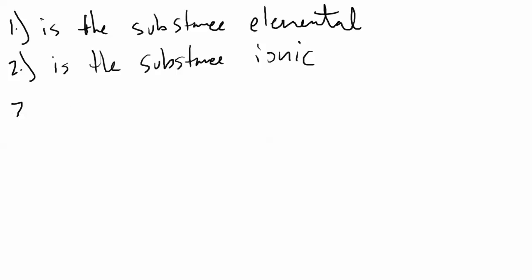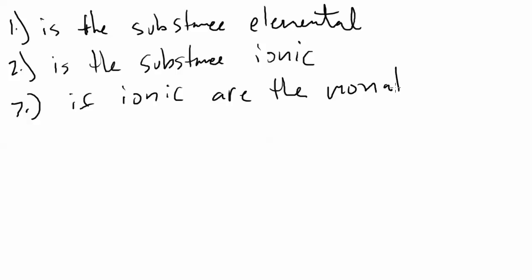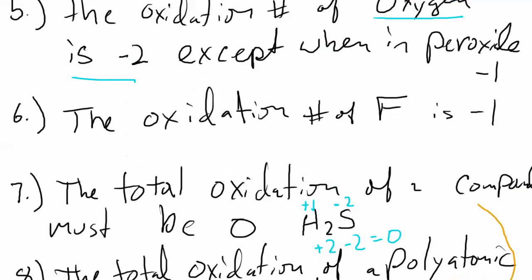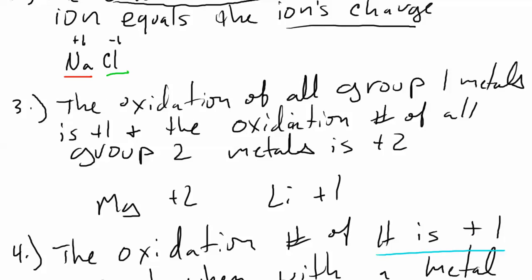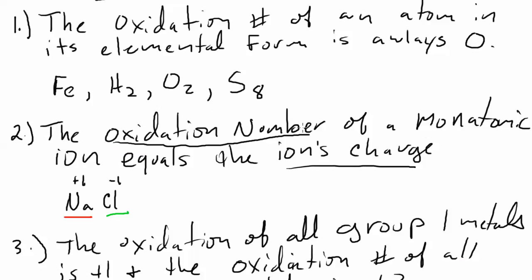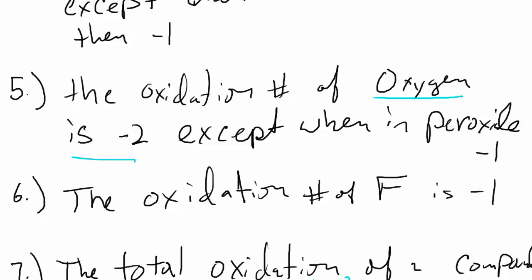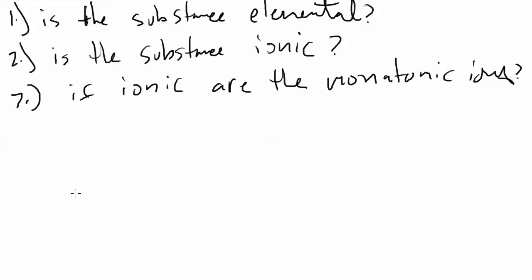And then third, if it's ionic, are there monatomic ions? And if they are, then this rule up here comes into play. Right here. If they're monatomic, then the charges are the oxidation numbers.